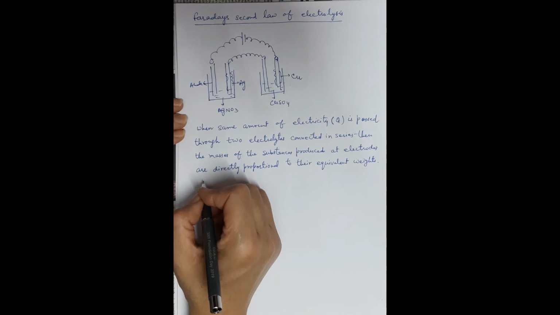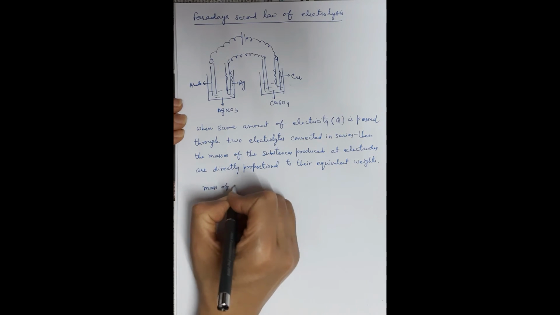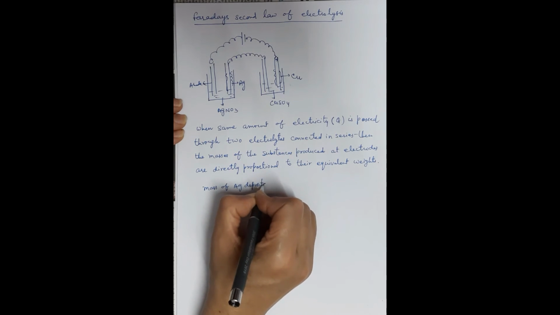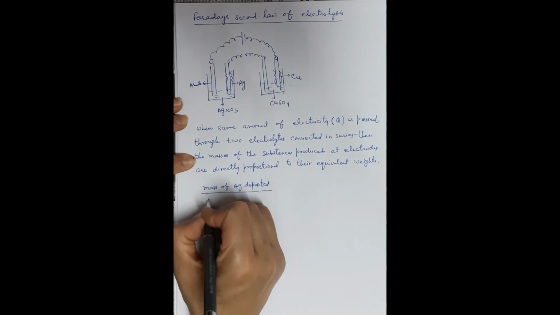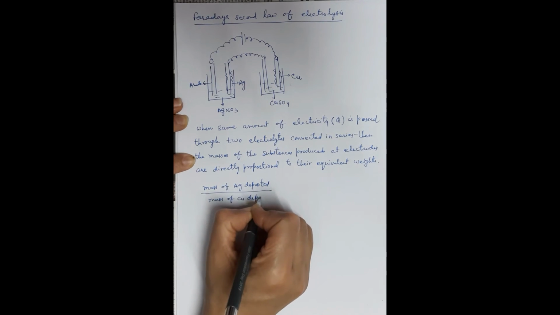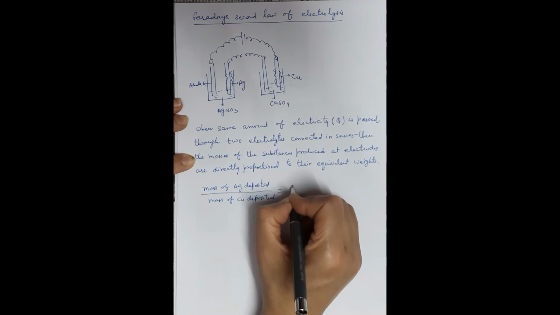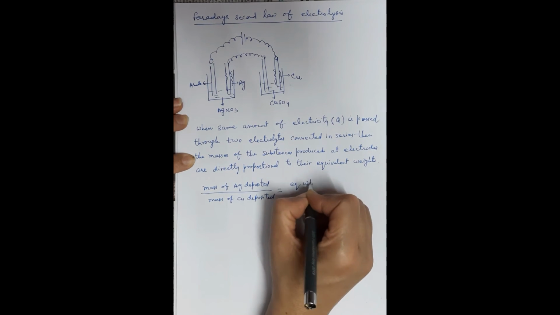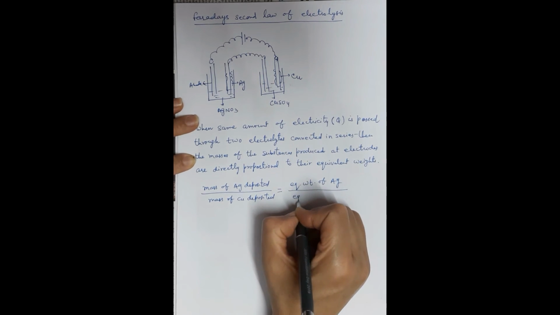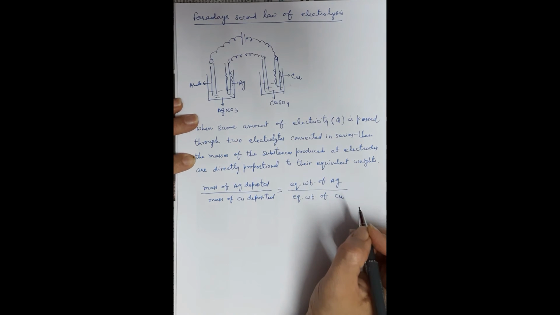What does it mean? It means the mass of silver deposited upon the mass of copper deposited is equal to the equivalent weight of silver divided by the equivalent weight of copper.